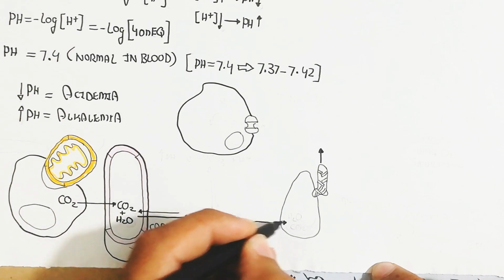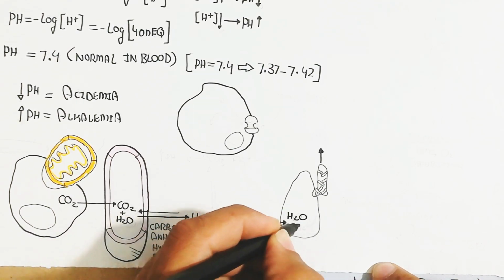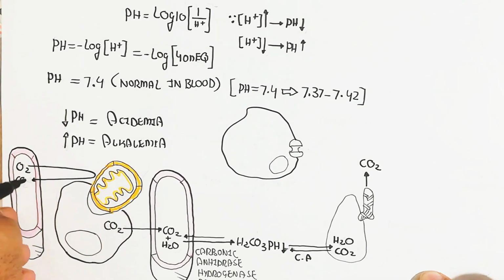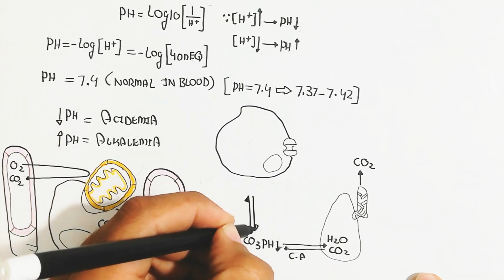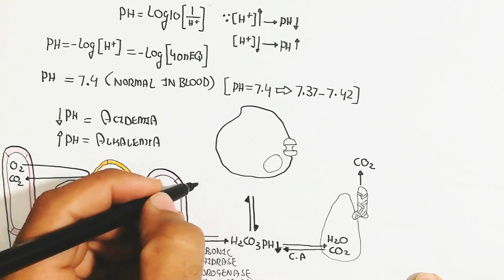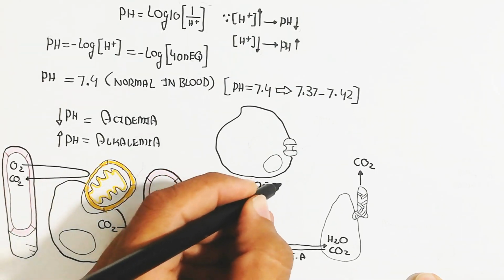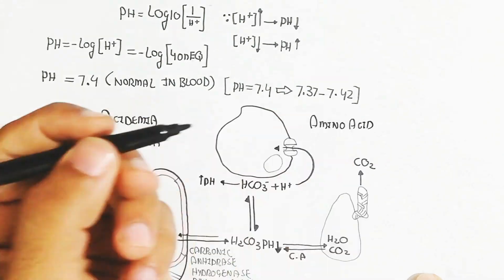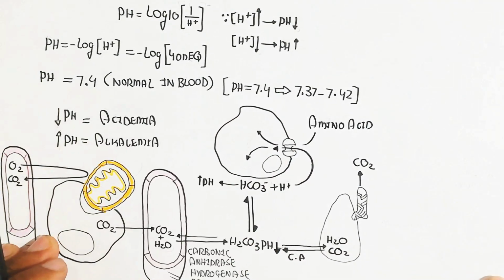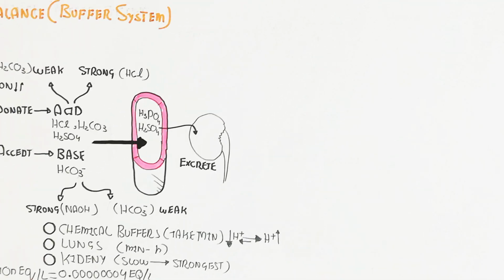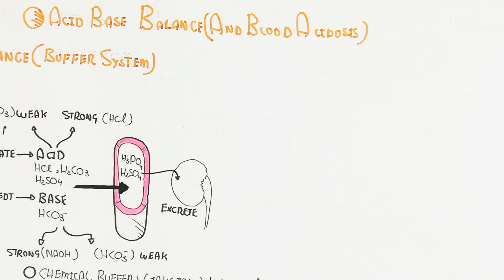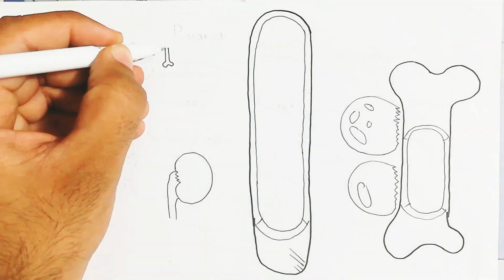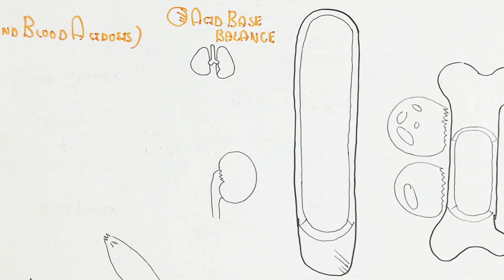When the pH drops, in the lungs the carbon dioxide is released through respiration to normalize the pH. On the other hand, carbonic acid can dissociate into HCO3 minus plus a proton, which leads to an increase in pH inside the blood. Amino acids going into the cell lead to a decrease in pH.